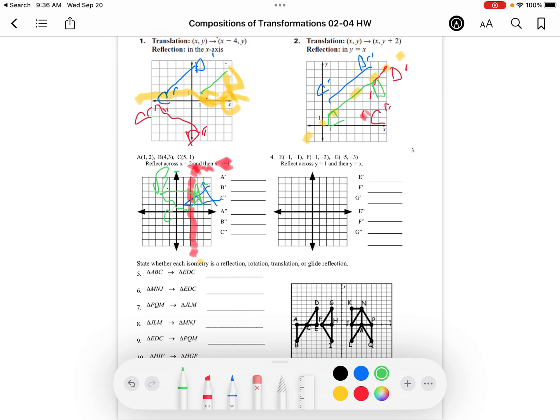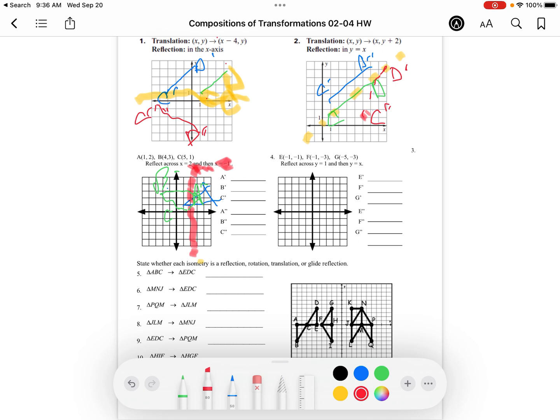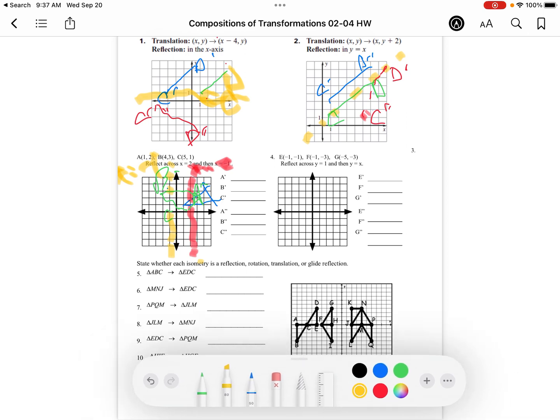And then finally, we're flipping that over a new line, x equals -1. So I'll go back to yellow with a highlighter. That's just parallel to the y-axis. X equals -1. And that flip takes us even further to the left. Let's do this in black.